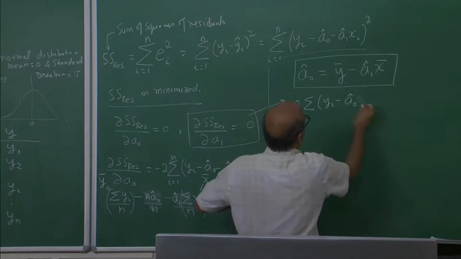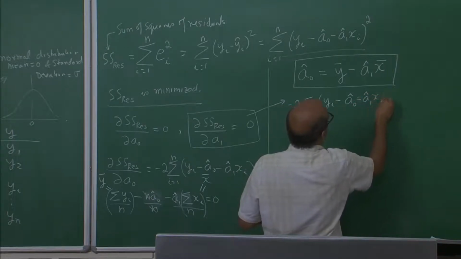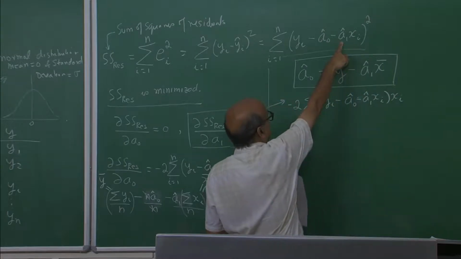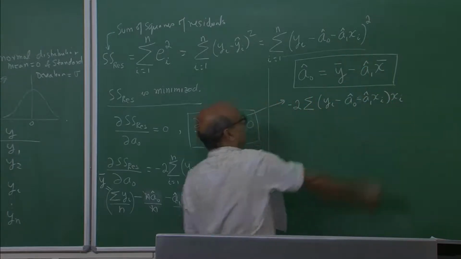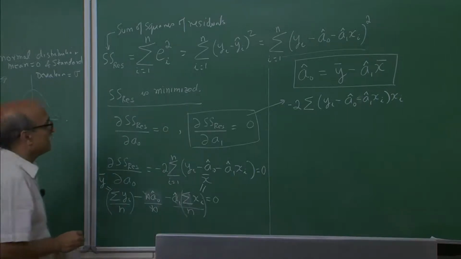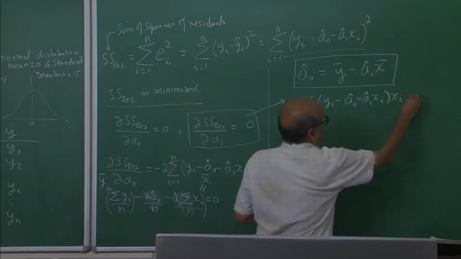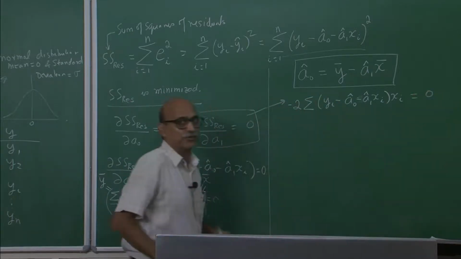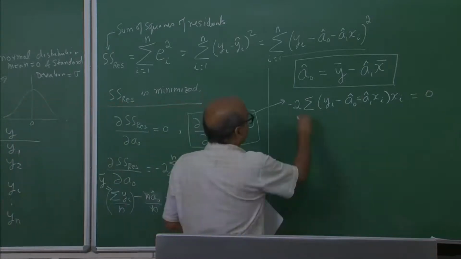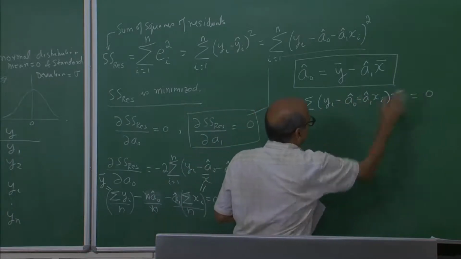Let me first write down the whole thing: yi minus a naught cap minus a1 cap xi, times this xi that is coming when I differentiate with respect to a1. So, xi will be left and will remain inside the summation. This would be set to 0. I can forget about this 2 and this minus sign and just expand this.